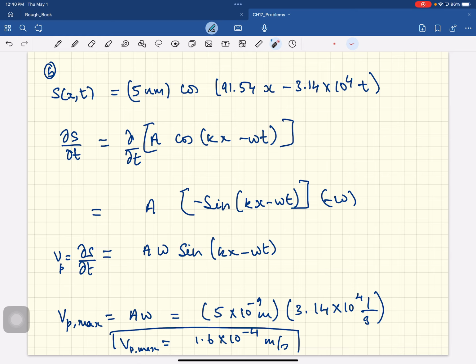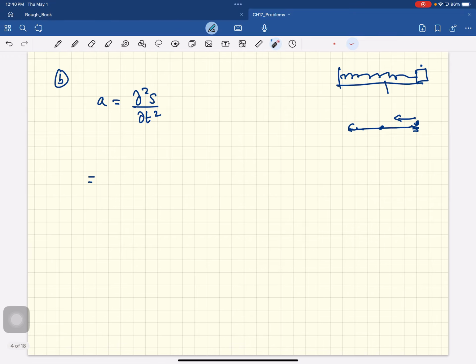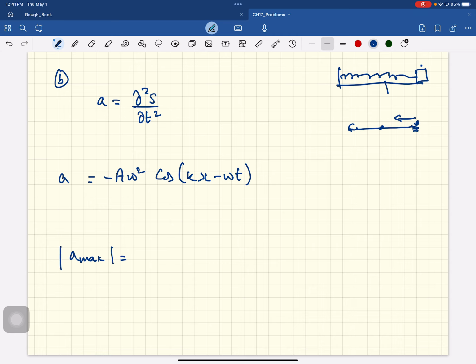The derivative of sine is plus cosine, so a is Aω² cosine. So the maximum absolute value is Aω². You have plus or minus: it's negative when it's like that, and positive when it's accelerating in that direction.